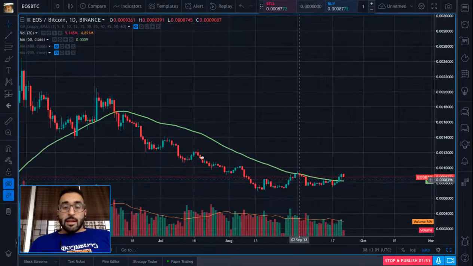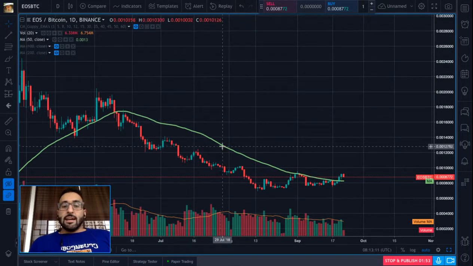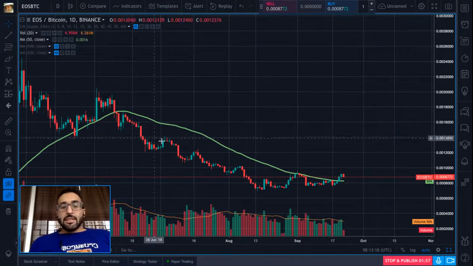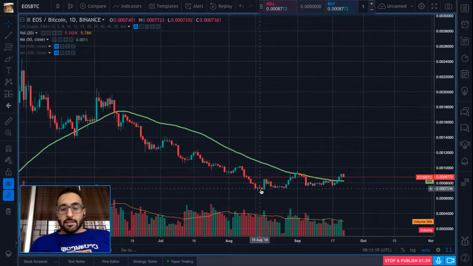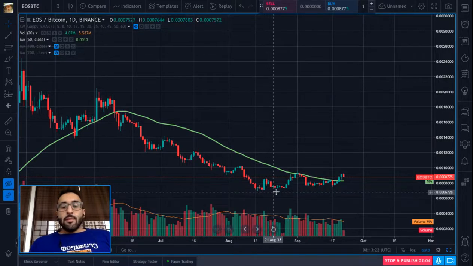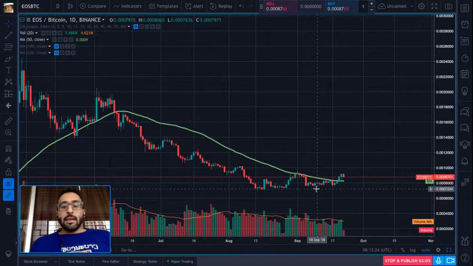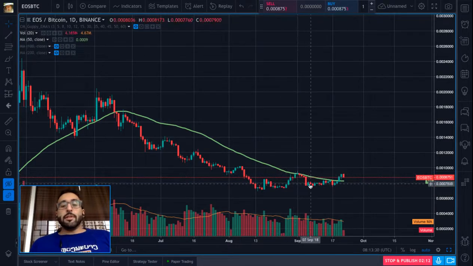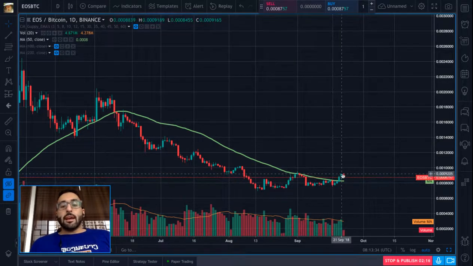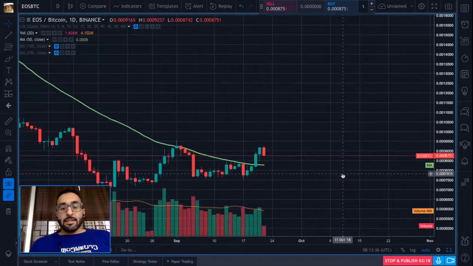If you see the 50 moving average on a daily chart, the trend is a solid downtrend. But after here, we are not making any new lows, and it first treats the 50 moving average as resistance, but is finally breaking out of the 50 moving average.